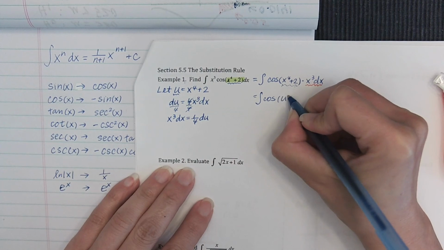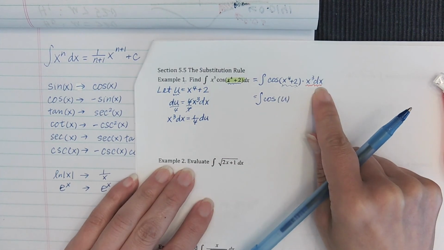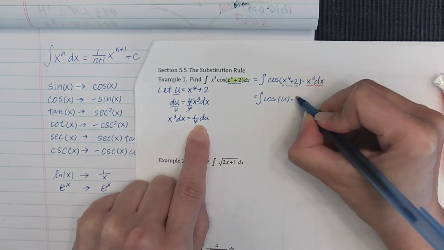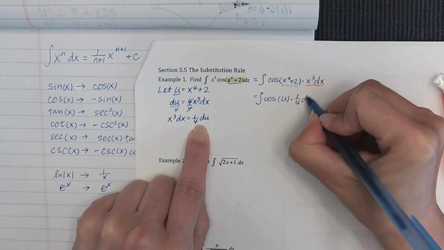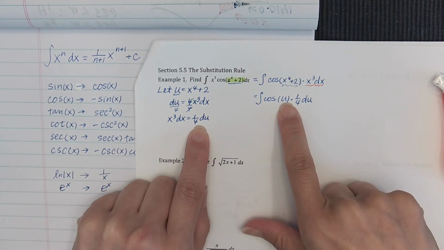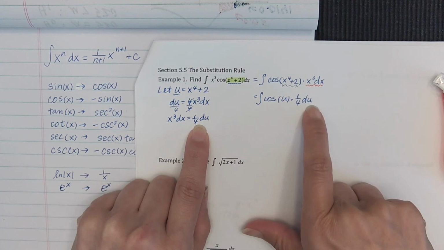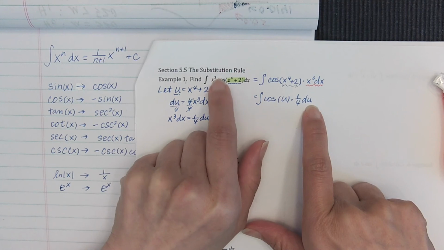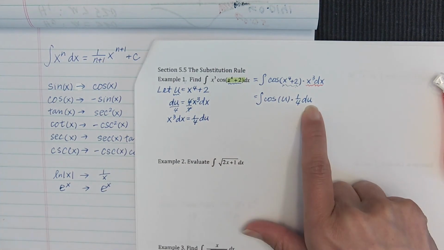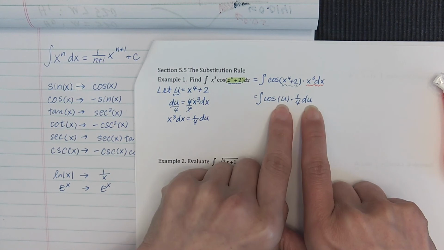Cosine u. And this x cubed dx is 1 over 4 du. Okay, are there any questions so far? Now, did you see? Everything is u. No more x, right? This is the cosine u, here is the du. So I don't see any x. x is gone. That's what we are looking for. You can't have the x anymore because you changed it to the u.